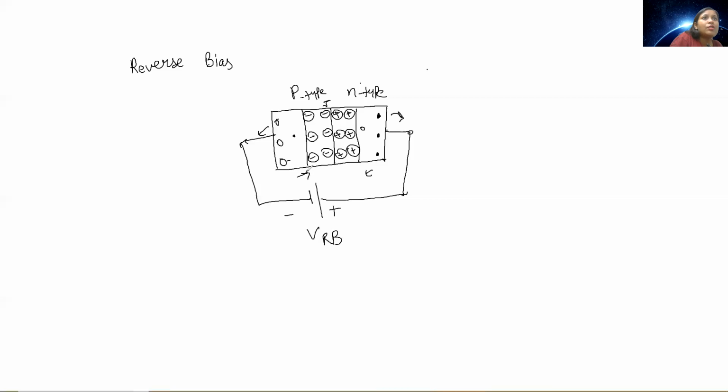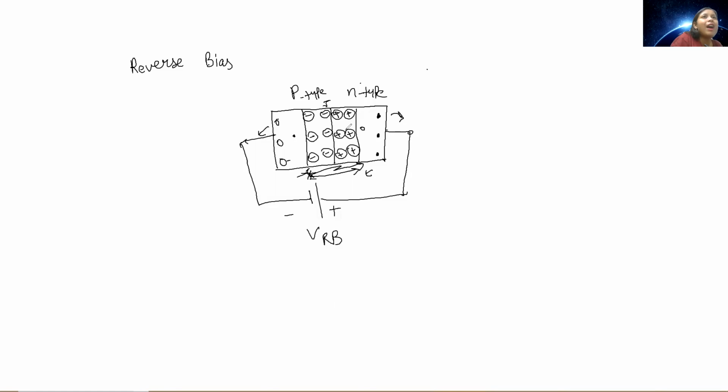So at the junction, what we can observe is that the width of the potential barrier, the width of the junction, has increased.